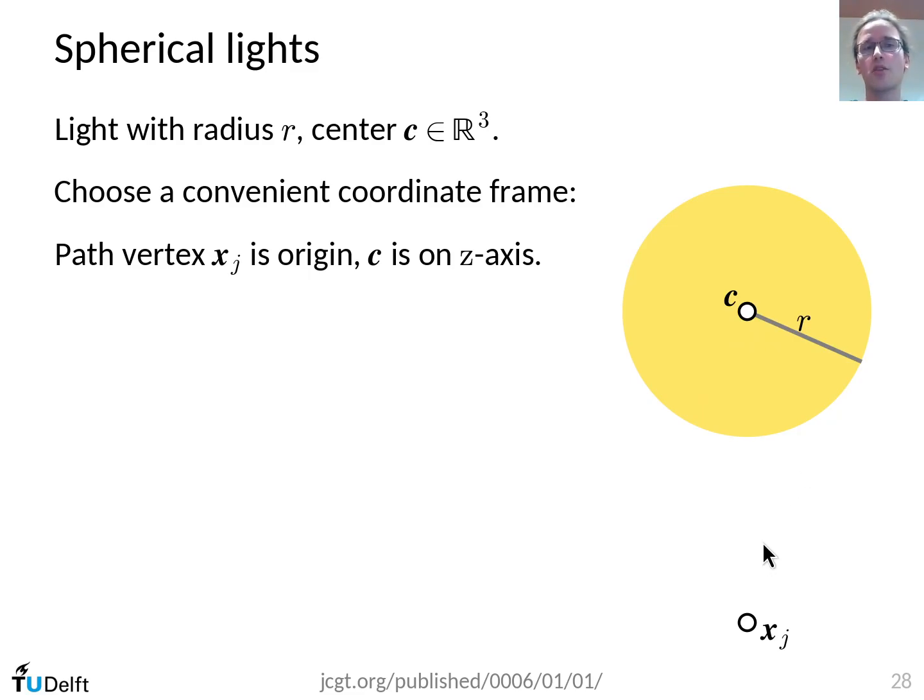And now we choose a convenient coordinate frame for our computations. We pretend that the shading point or the path vertex xj is the origin of our coordinate frame, and also that this center coordinate of the sphere is on the z-axis.